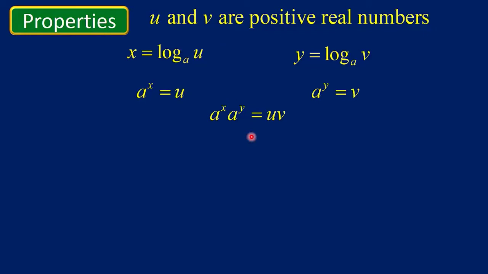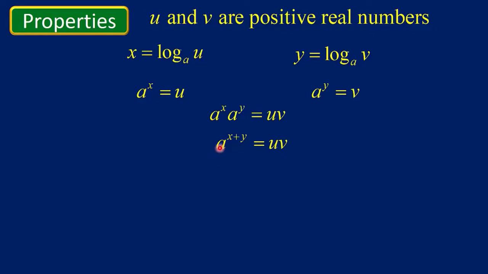Now remember that when you have the same base, here you have a to the x, a to the y, you can just rewrite that as a to the x plus y. That's a property of exponents. Now that I've done that, I want to move this back to log form.